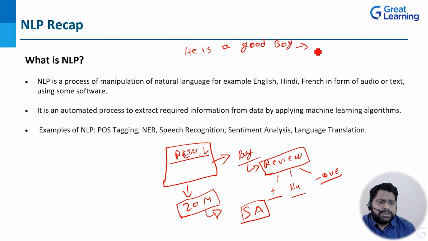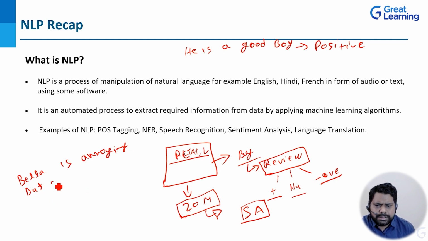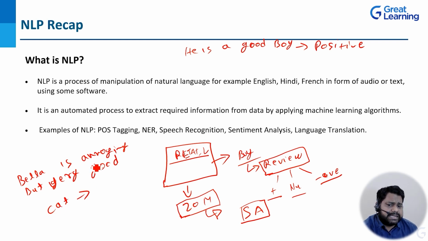So it's a positive sentence. Let's suppose, Bella is an annoying but very good cat. So what kind of sentence is this? It's a positive one also, and a negative one also.